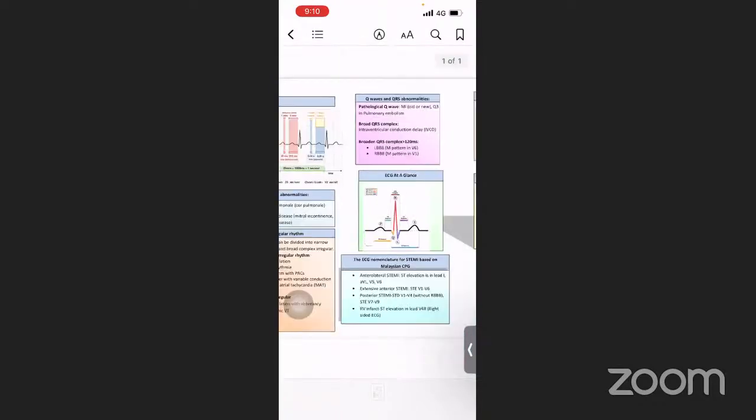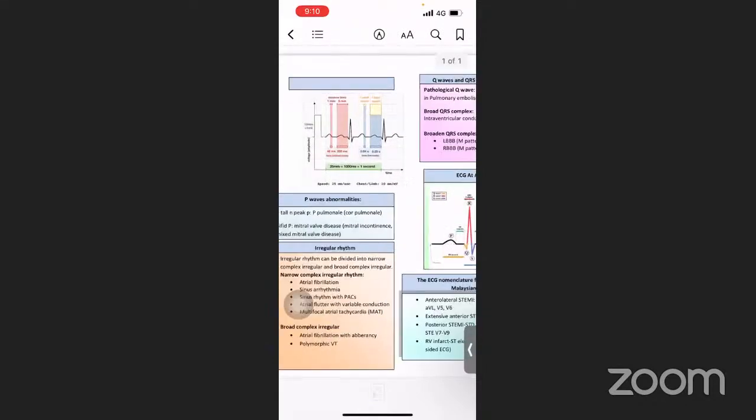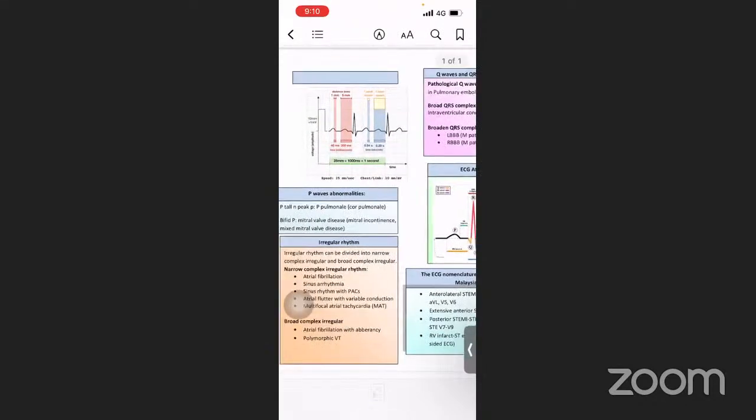The last one is, as we mentioned, heart rate regularity, and then not originating from the SA node. Then you also have other examples like junctional rhythm. What is not conducted via the normal pathway can be ectopics, Wolff-Parkinson-White syndrome, AVNRT, all those abnormal rhythms.